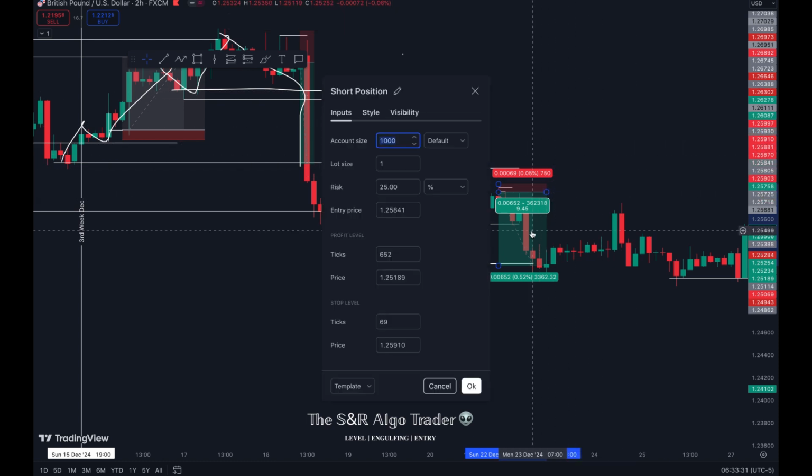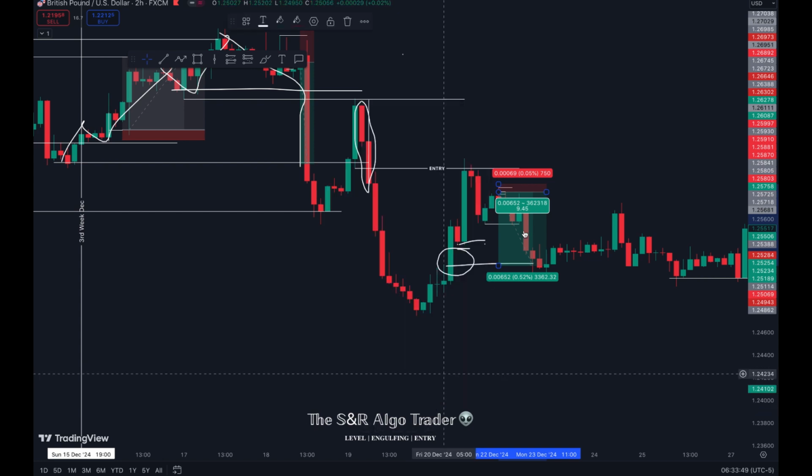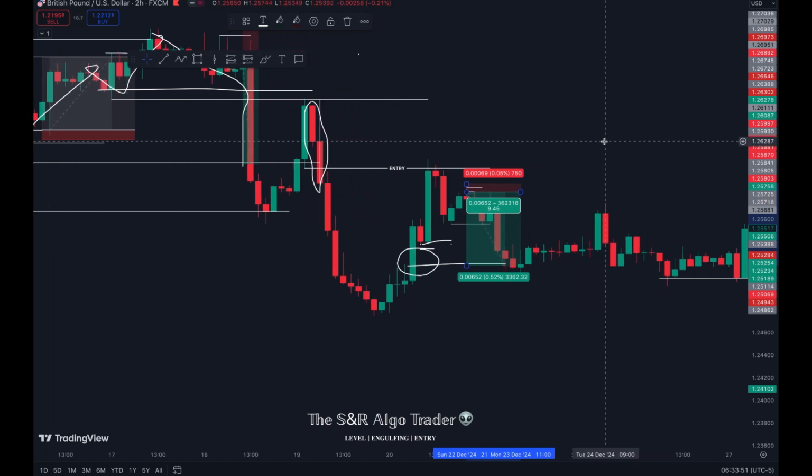So let's check the pips. Entry was 84, TP was 18. So it was like 66 pips. Yeah, 66 pips TP. That's a good move for just a single trade. I stayed for nearly 4 hours for 66 pips because the market wasn't that volatile, because it was in the evening.